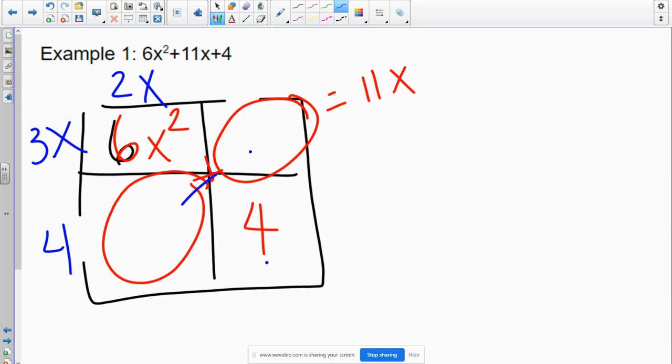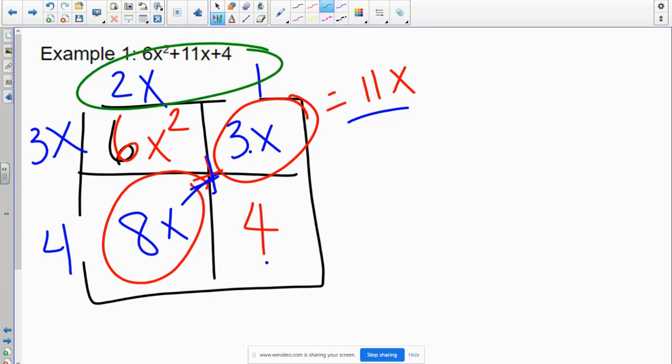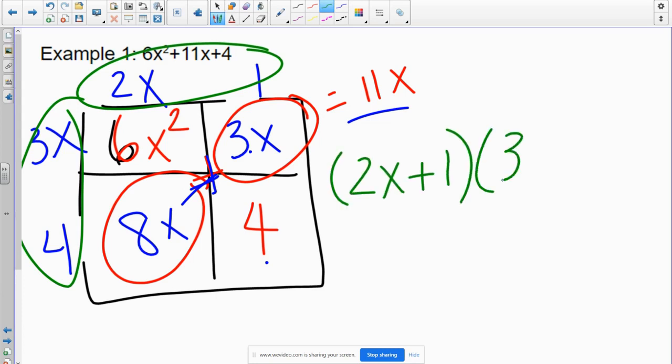If I try 4 down here, then I have 3x times 1 is 3x, 2x times 4 is 8x, and 8x plus 3x does equal the 11x. So there is my trinomial factored down to the product of 2 binomials. Remember when you write these, it doesn't matter which one you take first. Here are your 2 binomials: 2x plus 1 and 3x plus 4.